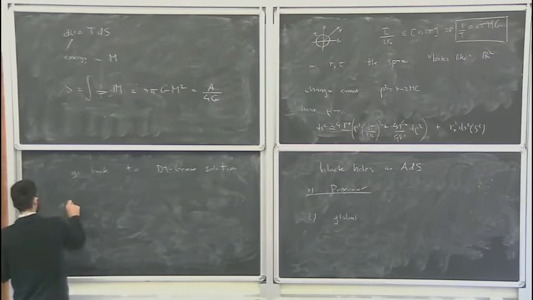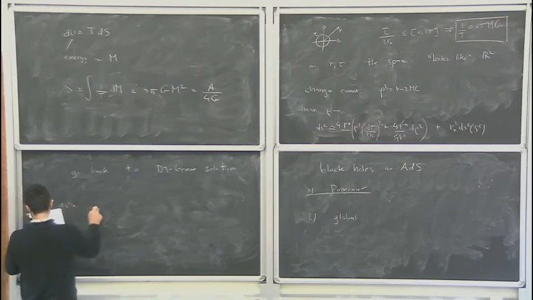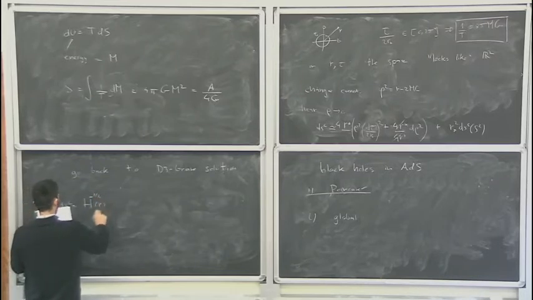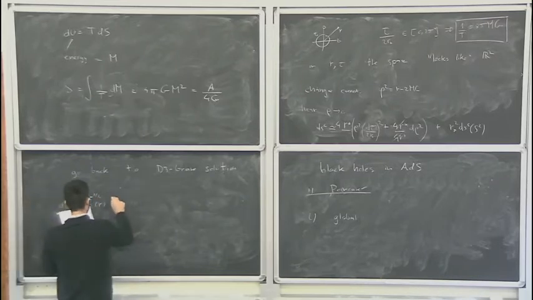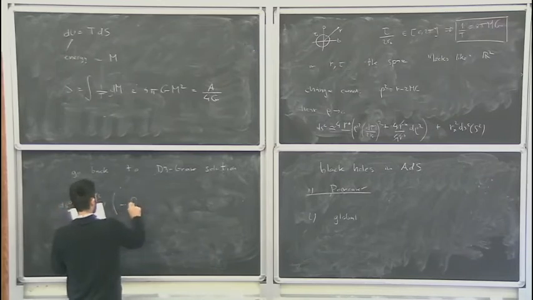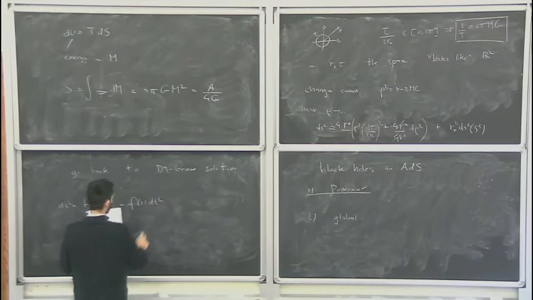So this is the deformation. In the very same coordinates that I used back last week, we have the harmonic function h of r, and then we have a new function, f of r, that appears in front of dt squared.